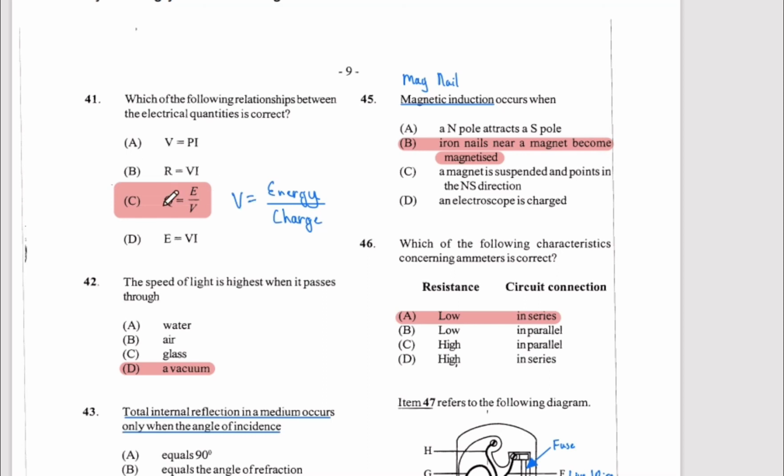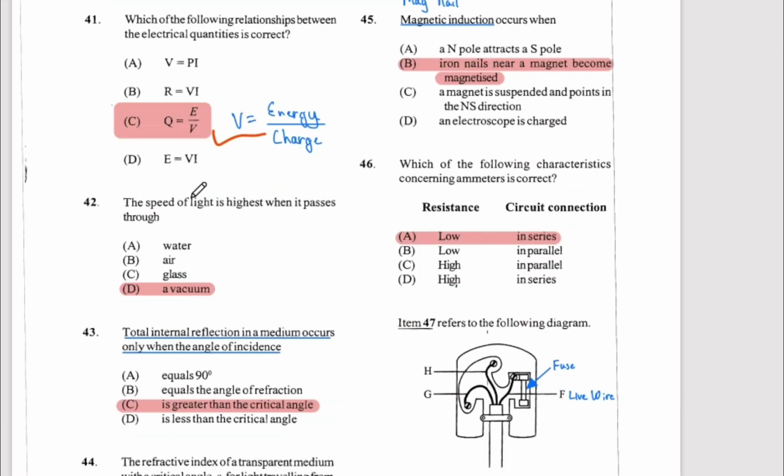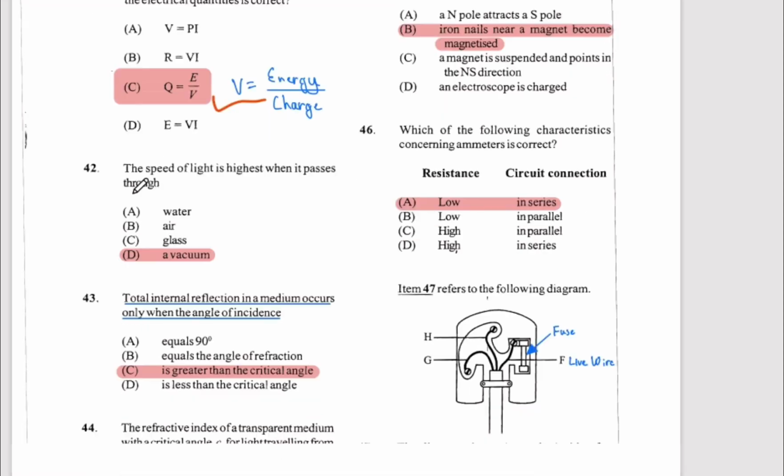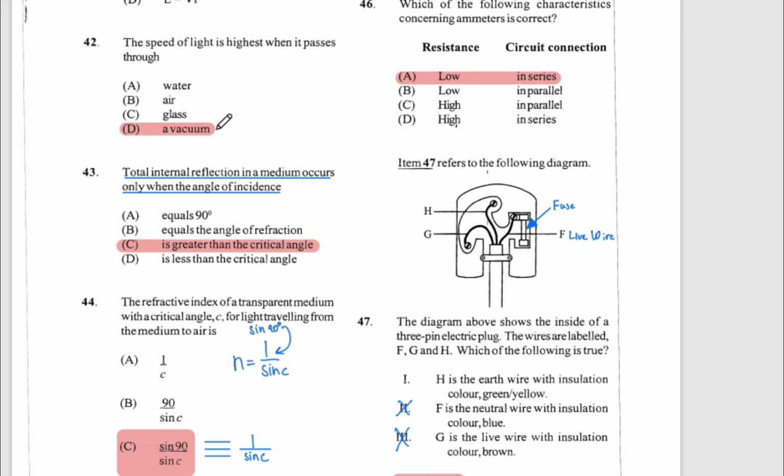And that's C. Question 42 says the speed of light is highest when it passes through, and that's when it passes through a vacuum. Total internal reflection in a medium occurs only when the angle of incidence is greater than the critical angle.